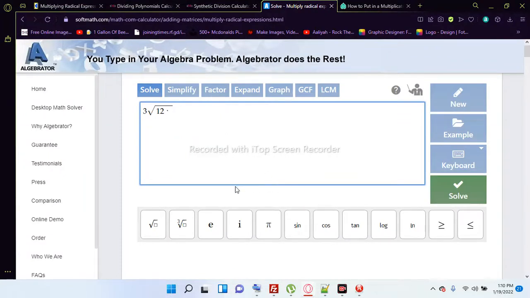And then we do another radical, and then we do 6. Nope, we gotta break that 12. Okay, we go out in front, I guess. Okay, 12.